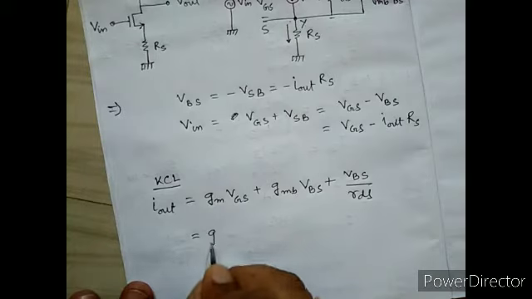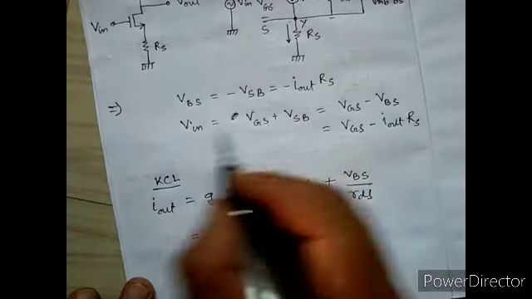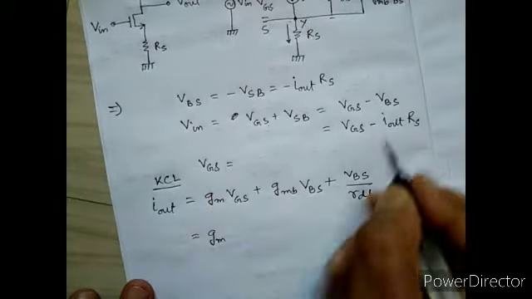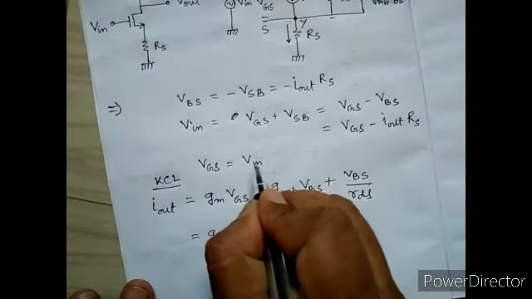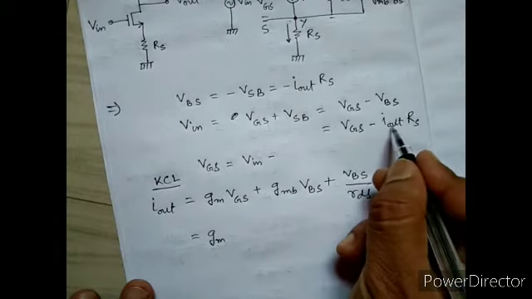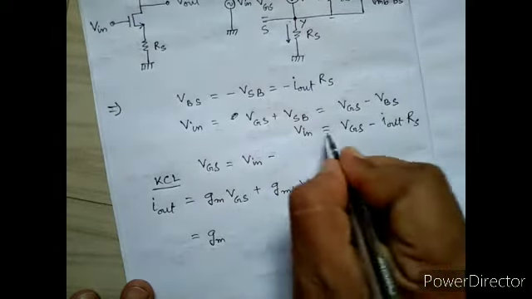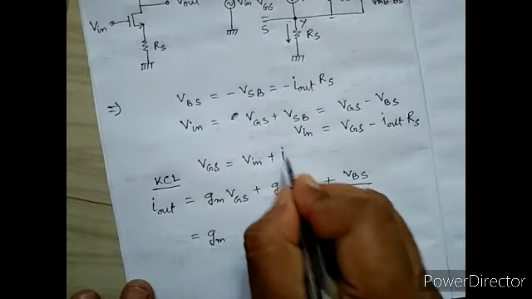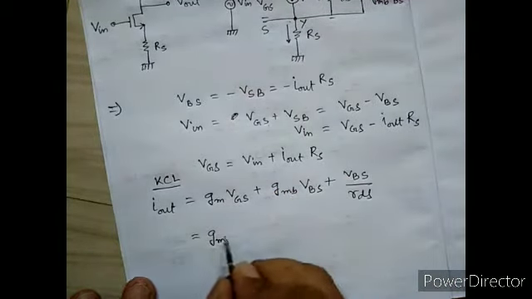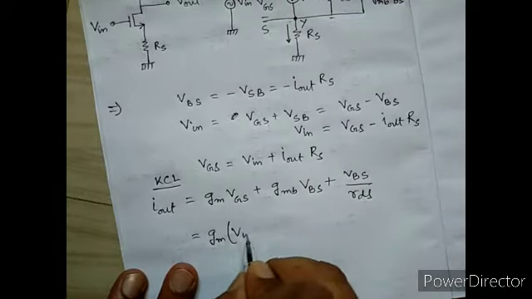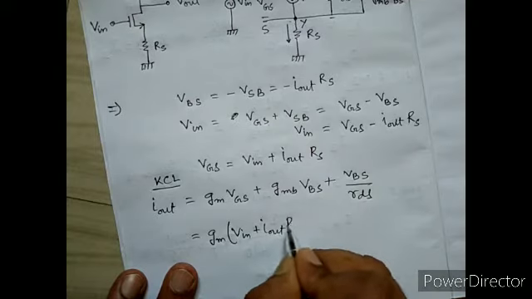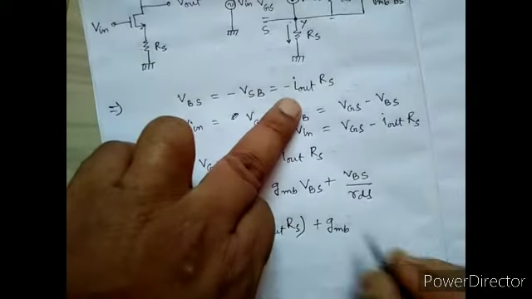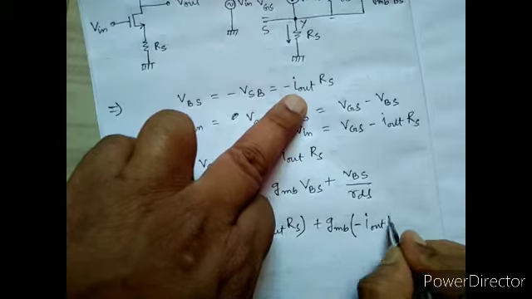So we can write gm times (Vin plus Iout RS), plus gmb times VBS, where VBS equals minus Iout RS.